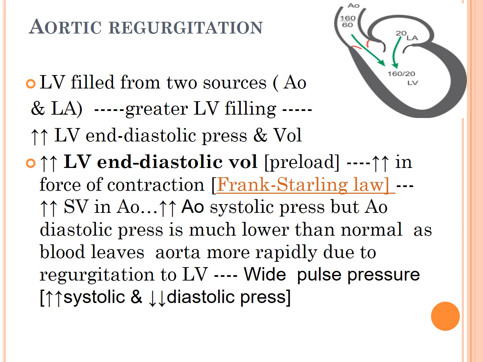So there is increased aortic systolic pressure, but aortic diastolic pressure is much lower than normal, as blood from the aorta is rapidly moving, due to the regurgitation, to the left ventricle, and also the forward flow. So there is a wide pulse pressure due to the difference. Increased systolic pressure and decreased diastolic pressure will lead to wide pulse pressure.